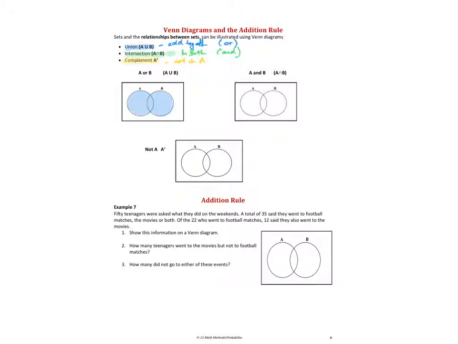The intersection is A and B. What's in both of them? So the area that's just in both is that bit there.